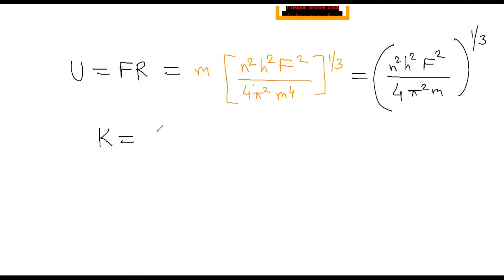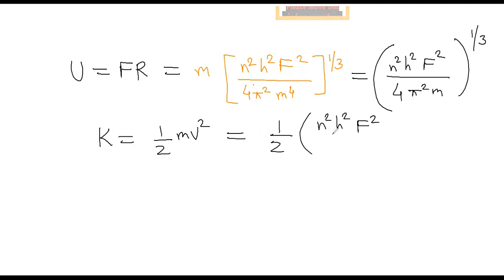And kinetic energy is half mv square, so it will be half (n square h square F square upon 4 pi square m) raised to 1 by 3.